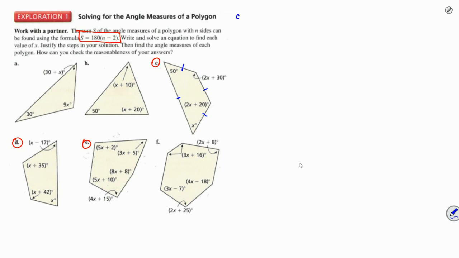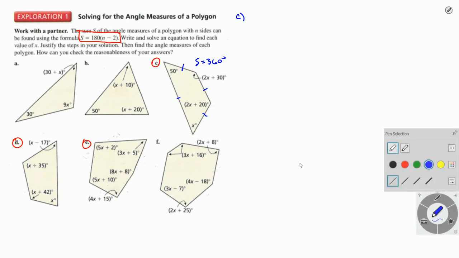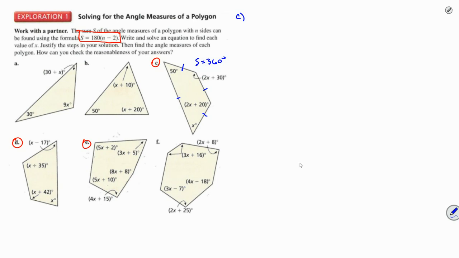All right, if I would use S equals 180 times n minus 2, S equals 180 times 4 minus 2, 180 times 2, 360. I would know that the S here has to equal 360 degrees. Well, it's a quadrilateral. You should probably already know that. But hey, we're just checking it out. So now let's go ahead and apply that to this problem.